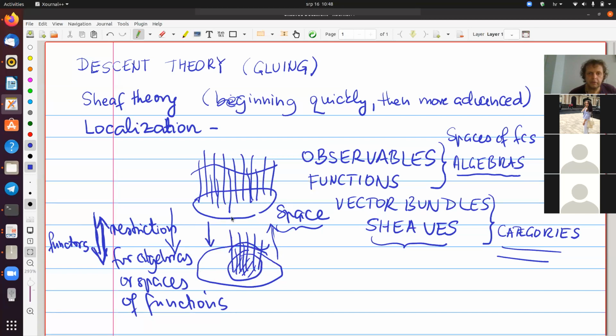And in this direction, say you have a vector bundle, and then this vector bundle restricts to this open set.